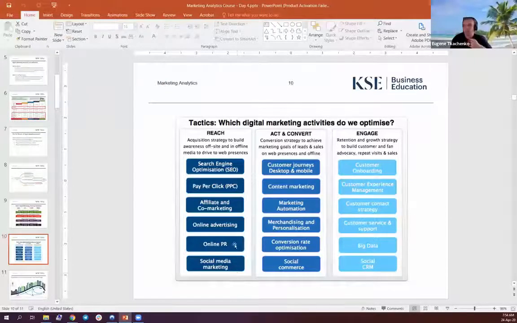Most likely we will be dealing with the next six categories, channels, or types of marketing: search engine optimization, SEO; pay-per-click, PPC campaigns, paid search; affiliate and co-marketing partnerships; online advertising, display ads, those banners I continuously talk about; online PR; social media marketing. It's just the top of the funnel, the reach stage.